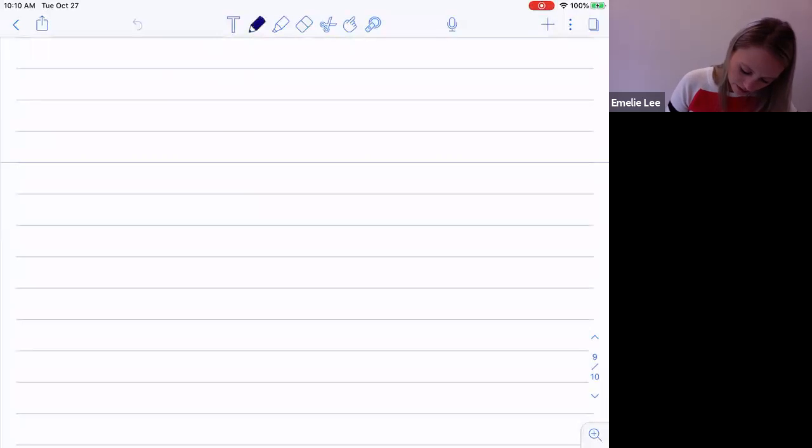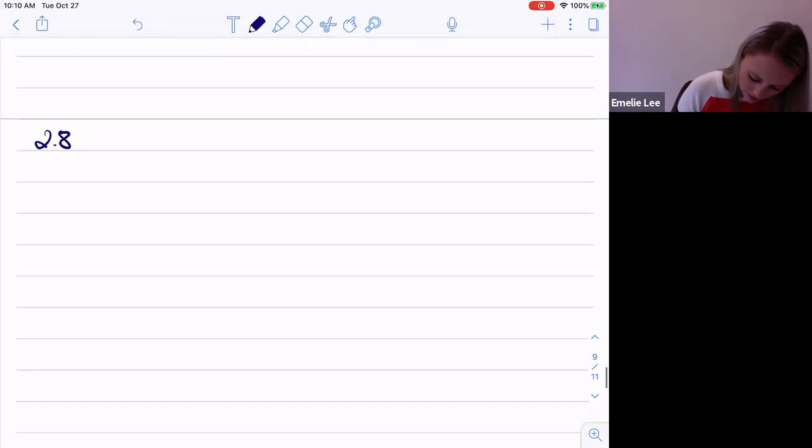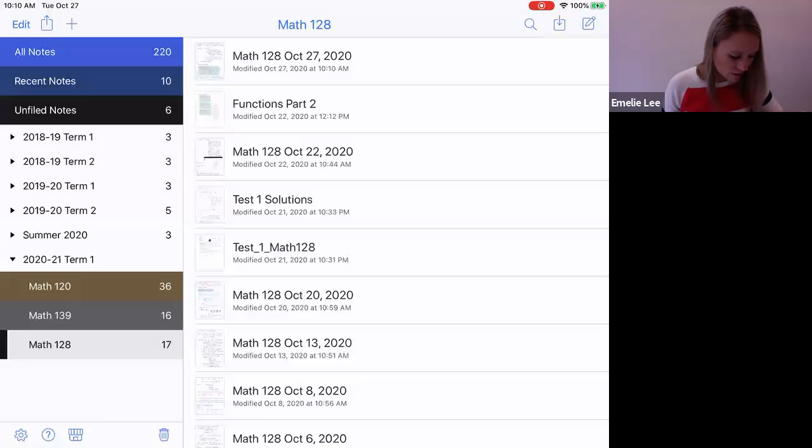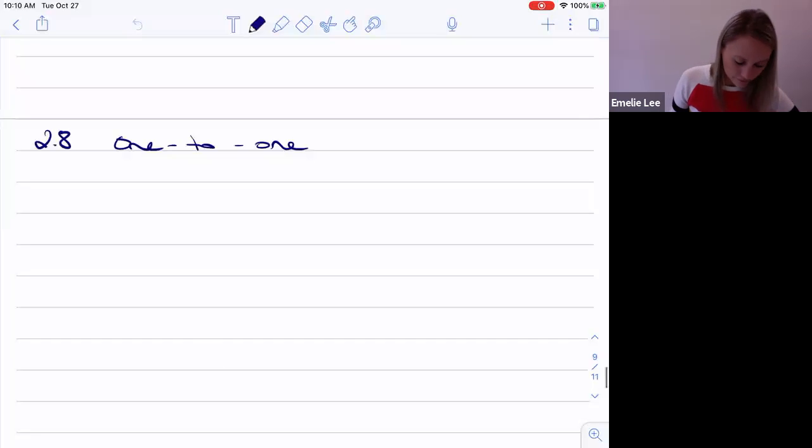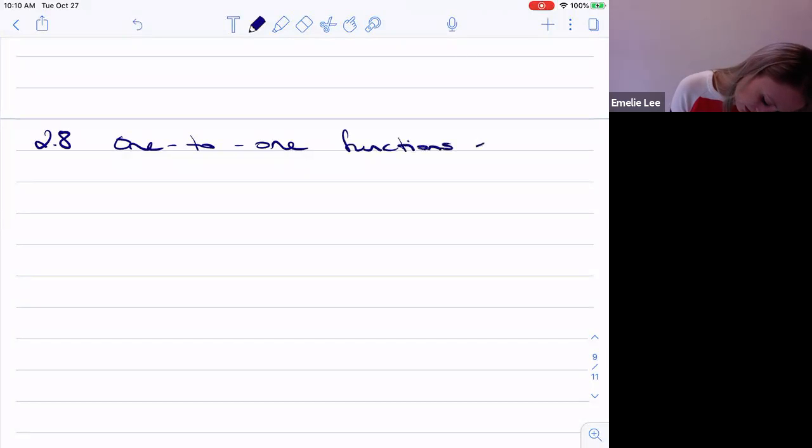I'll start on a fresh page here. So 2.8, one-to-one functions and their inverses.